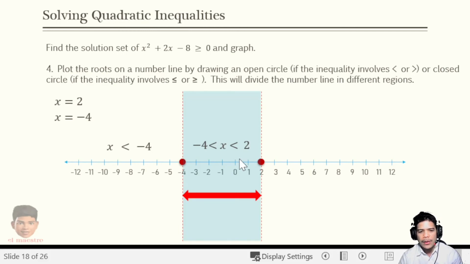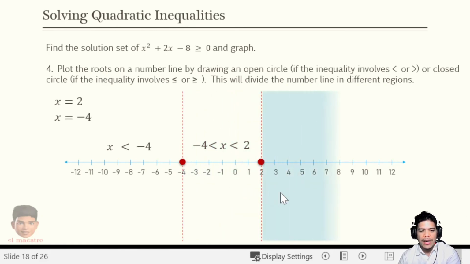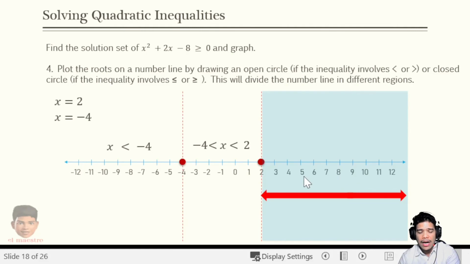So, what are those? Ano yung mga x na yan? Ito, si 1, pwedeng si 0, pwedeng si negative 1. So, this is the region 2 or the second region. And last one, syempre, lahat ng values na nandito from here, going there, the values are greater than 2. So, lahat ng values ng x is greater than 2, di ba? 3 is greater than 2. 4 is greater than 2.